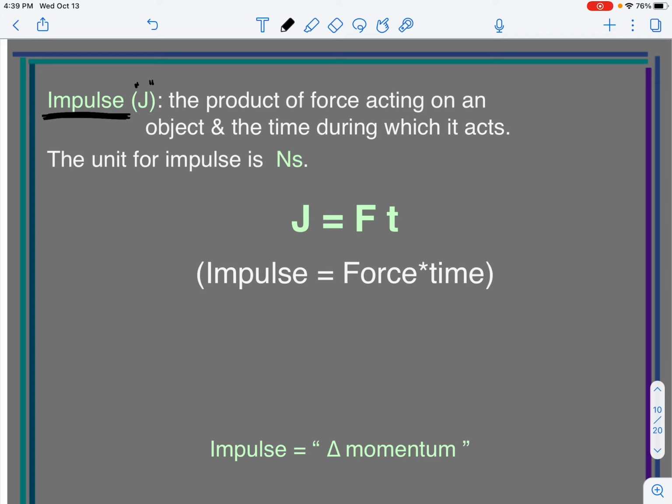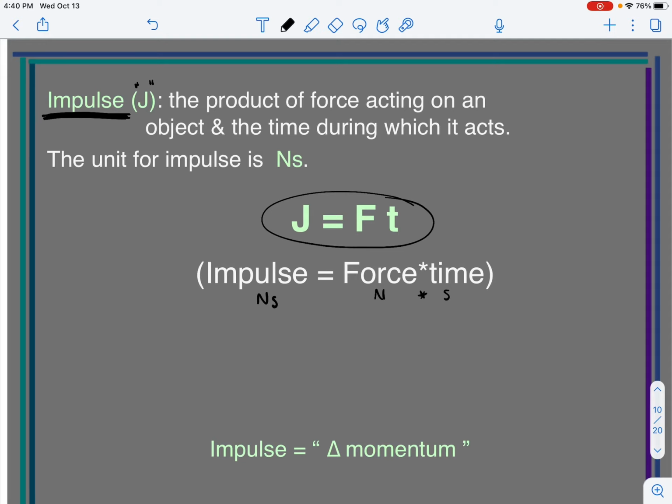This is one of those definitions where we're basically giving you a math statement that's telling you to multiply force and time. So we have the equation here, impulse is equal to force times time. We are multiplying force in newtons times time in seconds. So we end up with impulse being measured in something called a newton second. It's just newtons times seconds.